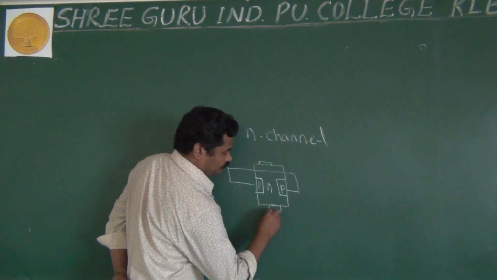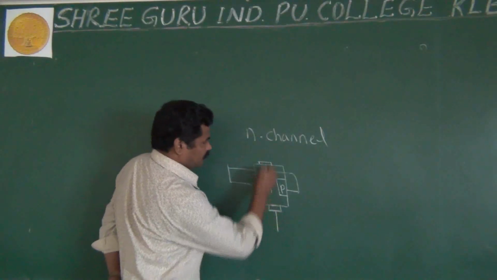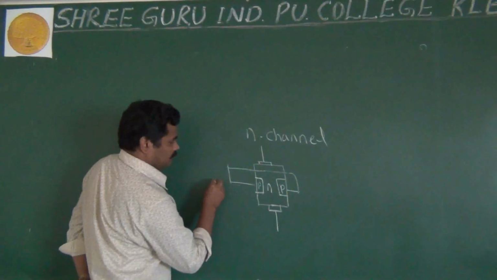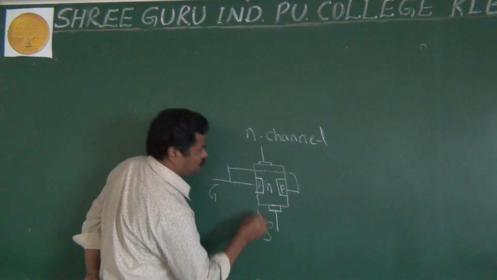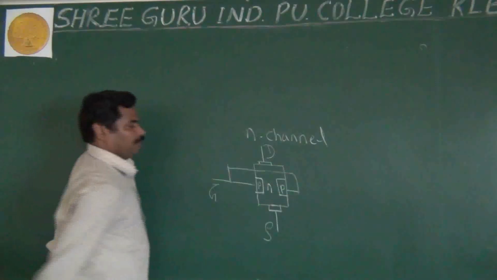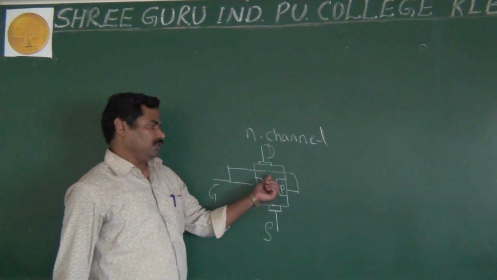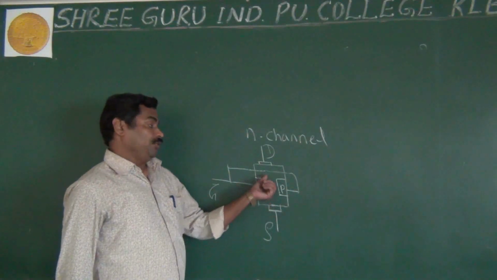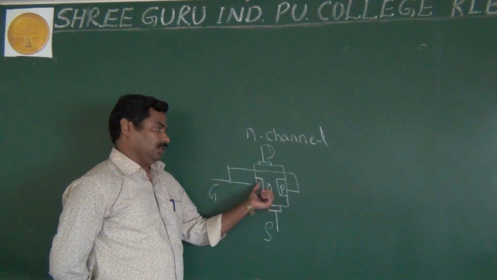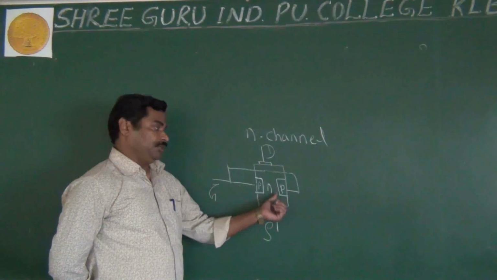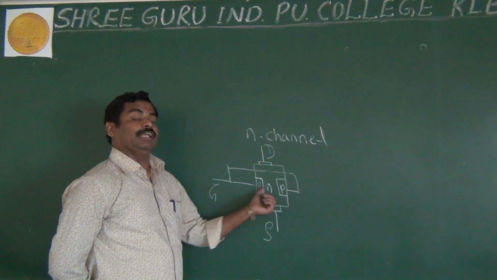This is nothing but your gate, this is your source, and this is your drain. It means first you take an N-type semiconductor bar, and on the opposite sides you diffuse the P-type layer.